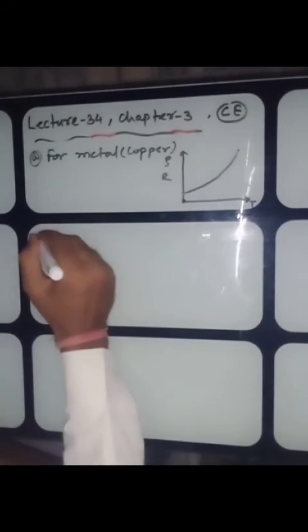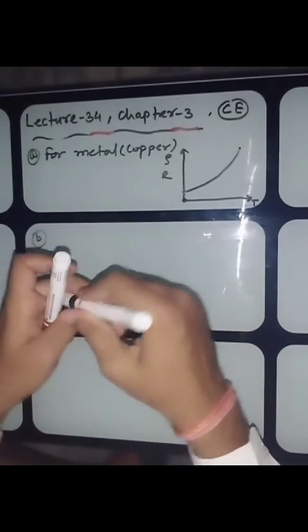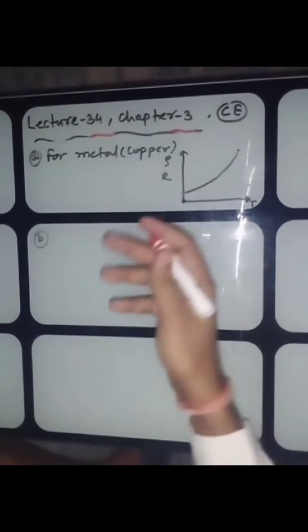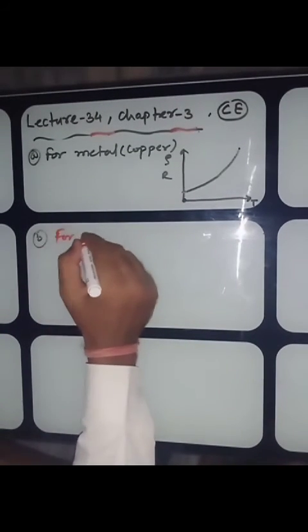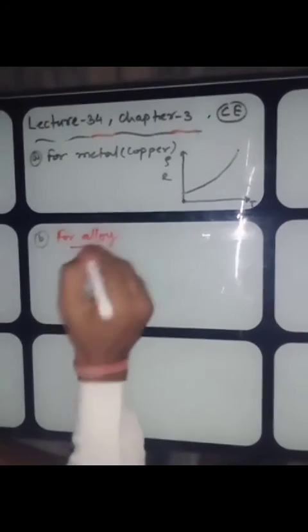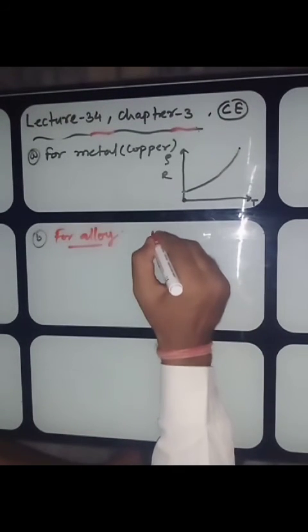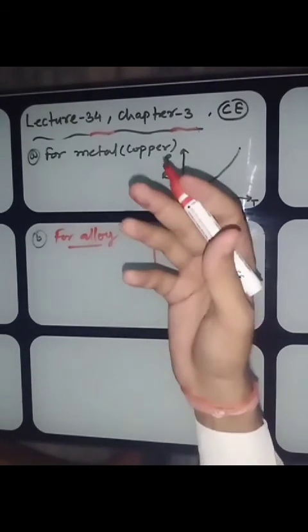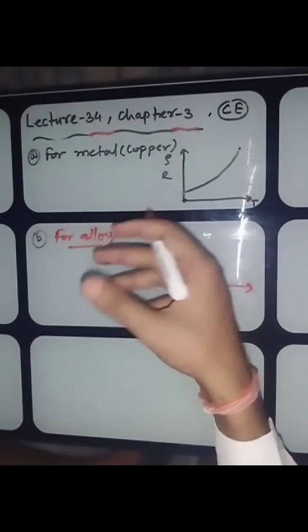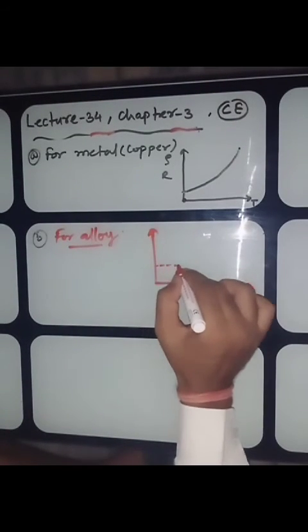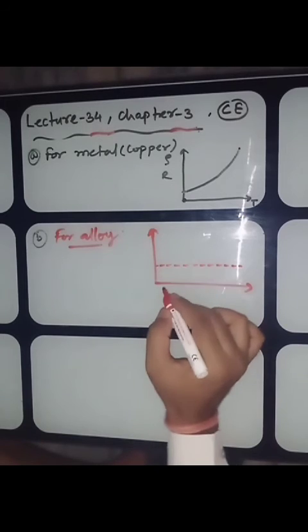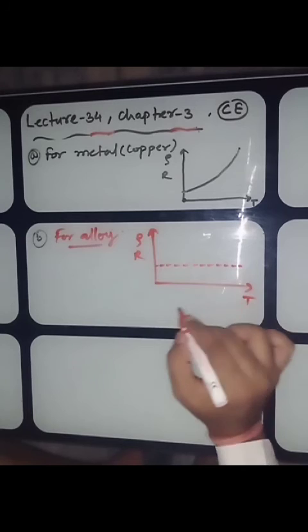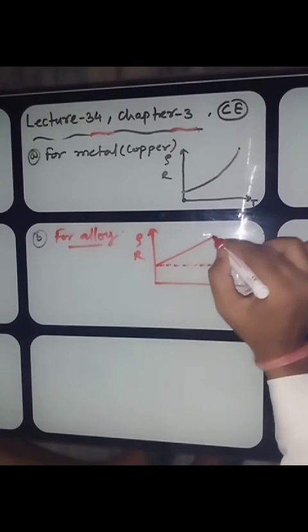Now, the second diagram. The second we will plot here for the alloy, like nichrome. And this is the graph. Alloy also has some resistance and resistivity even at zero temperature. This is the rho, the R, which is varying with the temperature T. Remember, this will be a straight line.